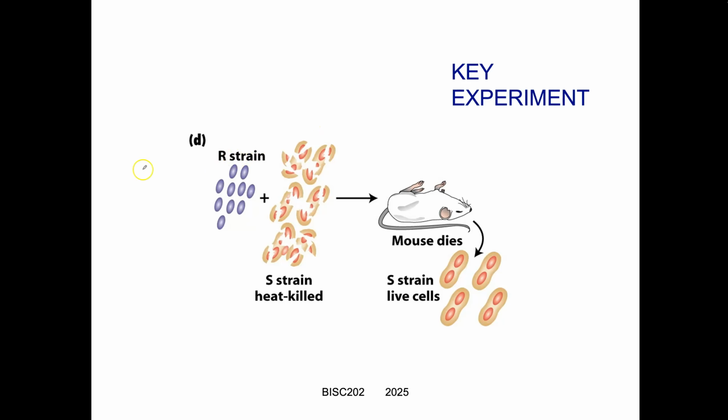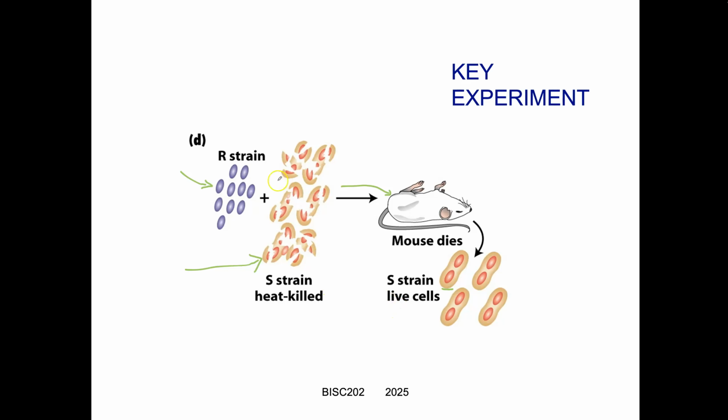And so the key experiment was if they took live R strain, remember those are the non-virulent ones, and then the material that came from the bacteria that had been heat killed, either by autoclaving or boiling, whichever method they used. And when you mix these two together and then expose the mice to it, the mice would get sick and most of them die. And when you cultured tissues from the poor little mice that had been sick, you could isolate S strain cells.